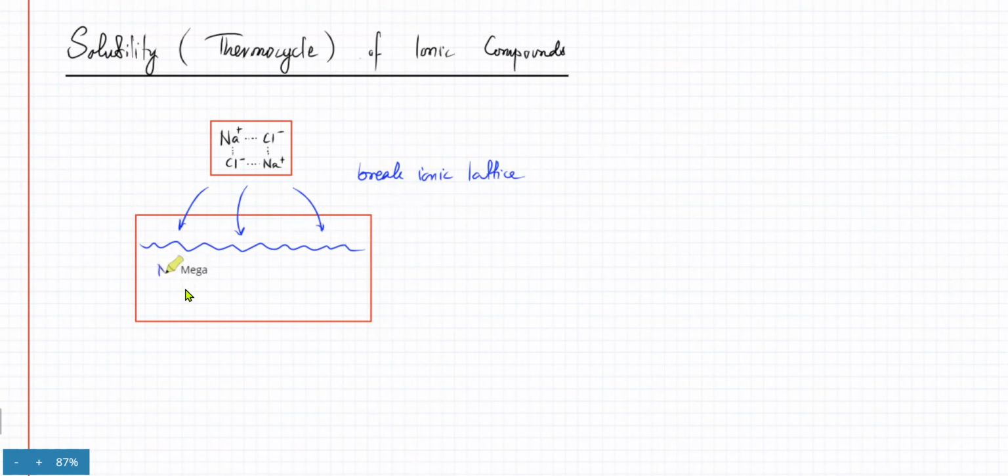And you want the Na+ and the Cl- to dissociate or disperse in solution. You break the ionic lattice. And the second part is the ions then get surrounded by water molecules, like I showed you.